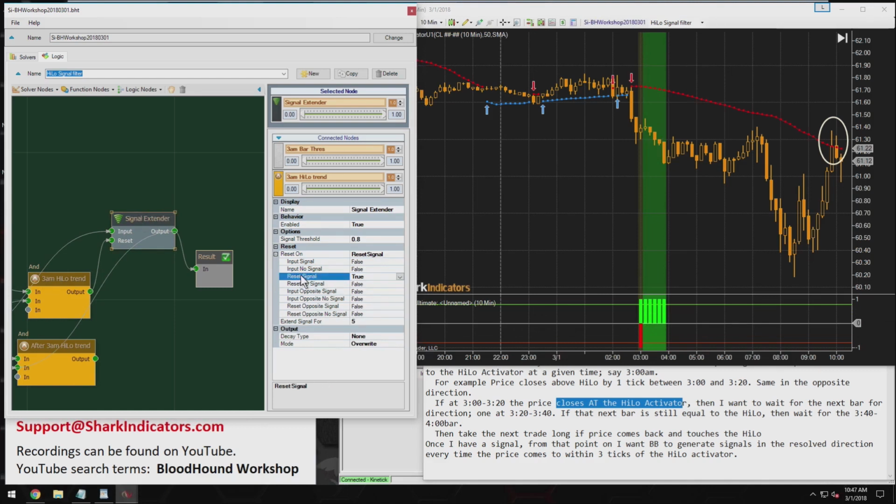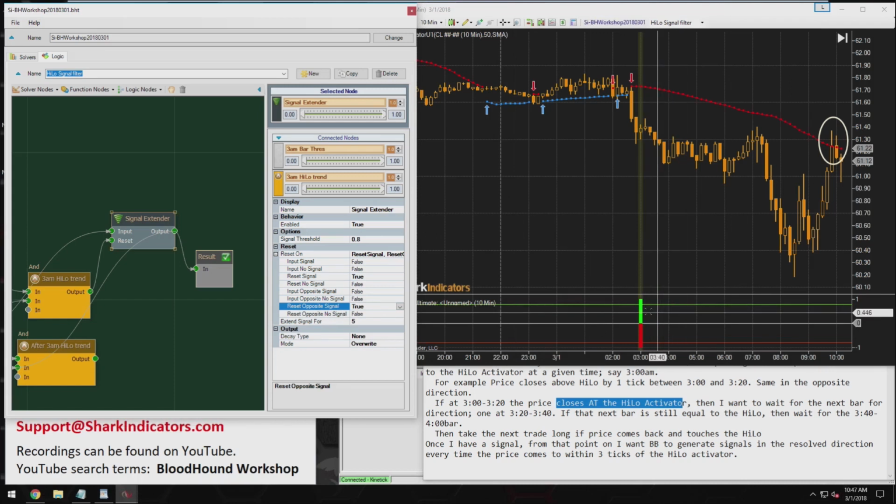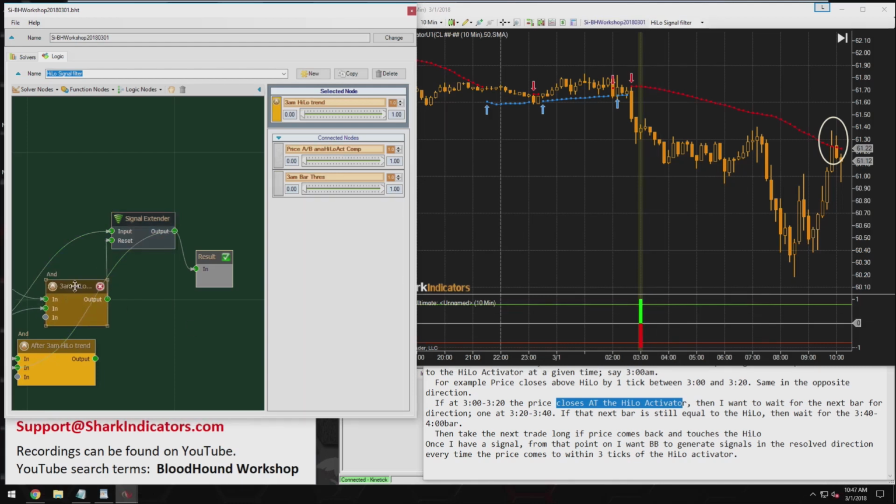Whenever a signal comes into the reset connector, it's set to true. What we also want to enable is reset opposite signal. Set that to true. You'll notice that the opposite signal turned off the long output there, because the long output was opposite of what's coming out of this AND node.